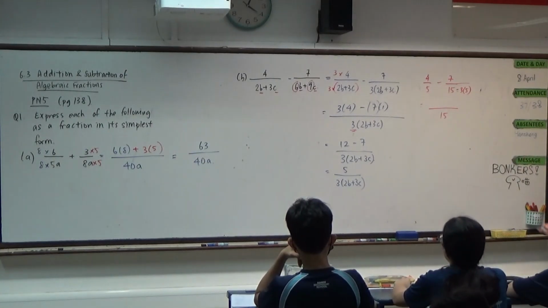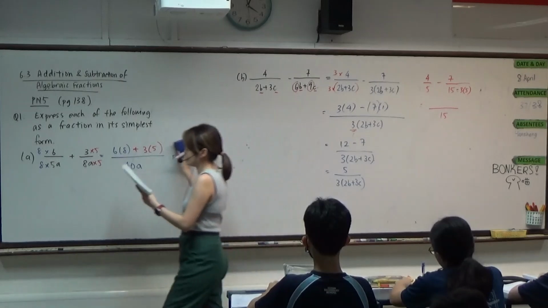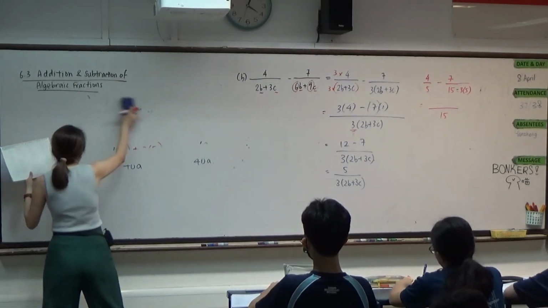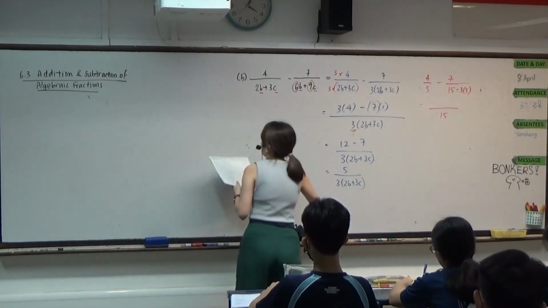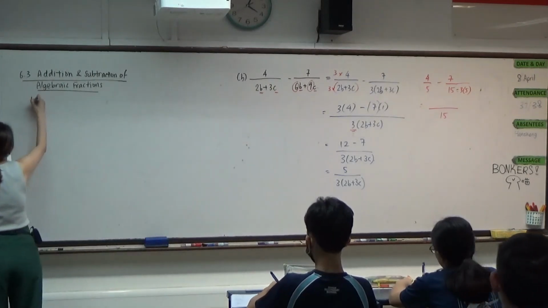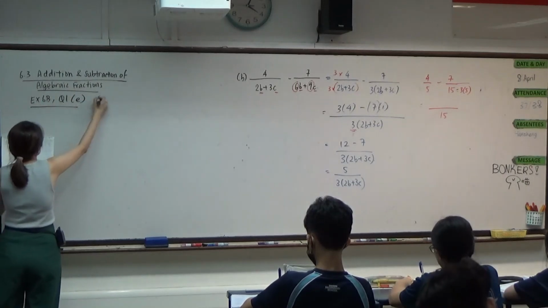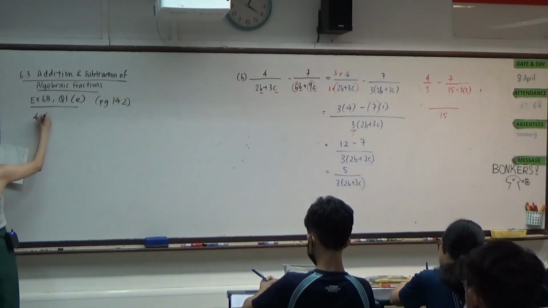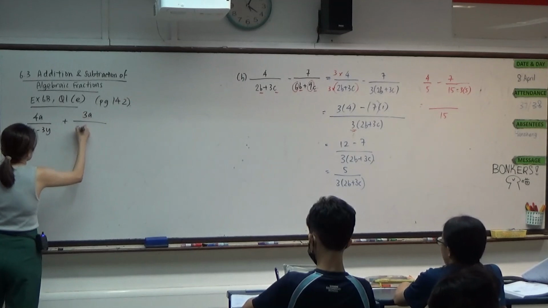Anybody else has questions? Shall we do another one, similar, just to reinforce the idea? I won't go to part C yet. Maybe let's just look at exercise 6b, question 1e, page 142. We have 4a over (x minus 3y) plus 3a over (3x minus 9y).